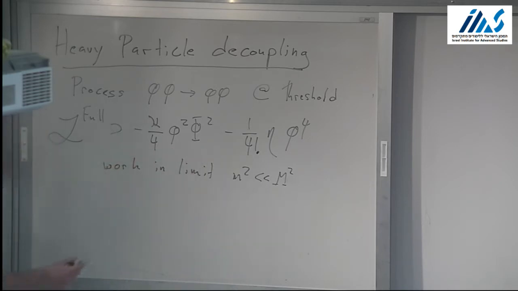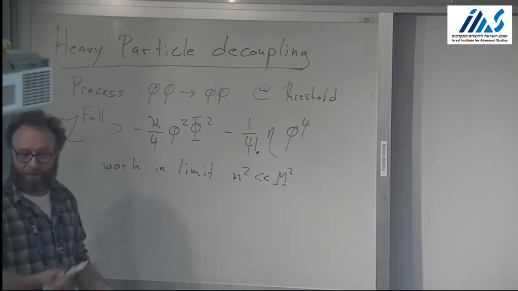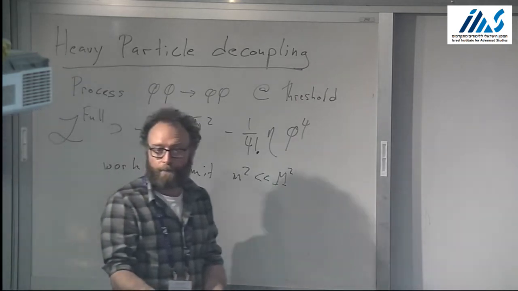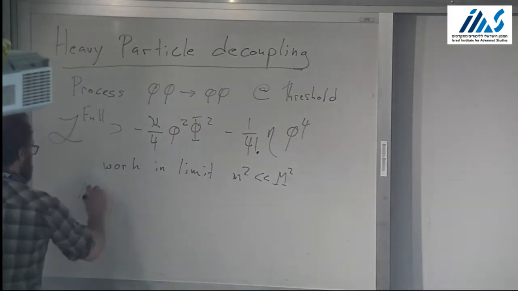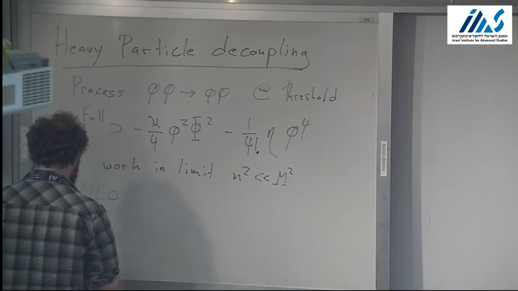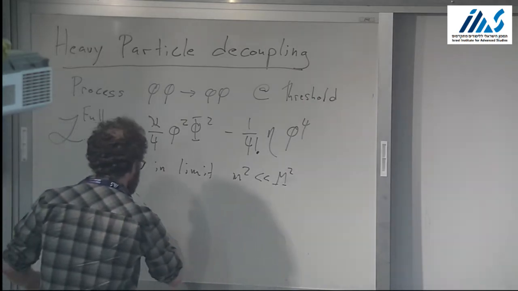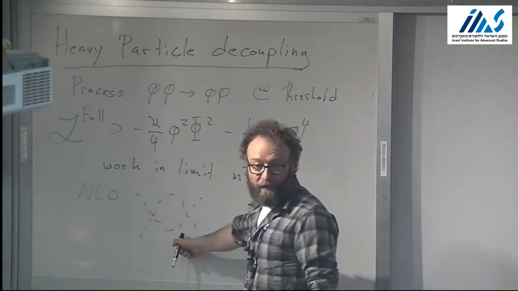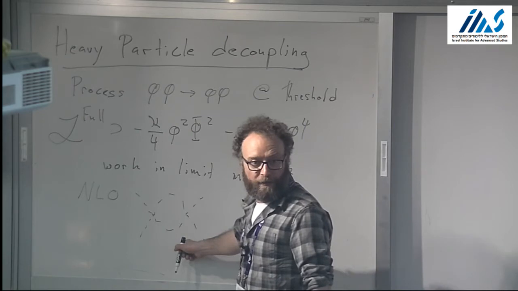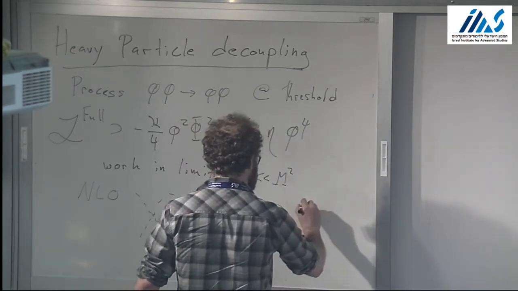And so that tells me that if I want to integrate out big phi, it's only going to come in affecting the little phi physics at one loop, right? So in particular, at NLO, we have two sets of diagrams. We have the loop of little phi exchange that we were studying yesterday afternoon, and then we have a loop with big phi exchange, right?